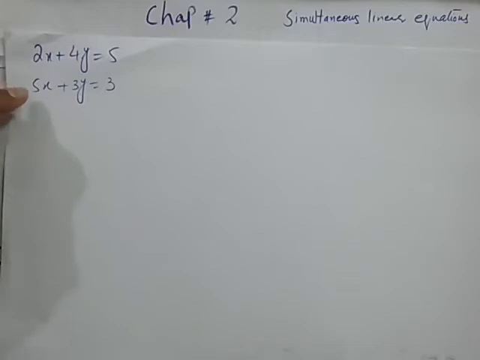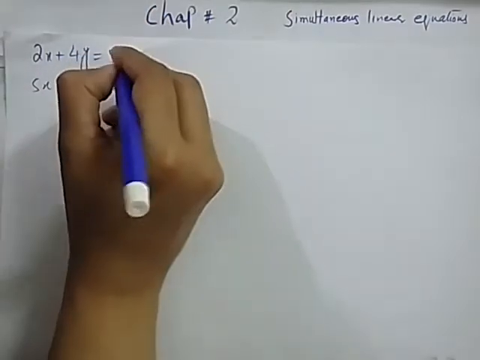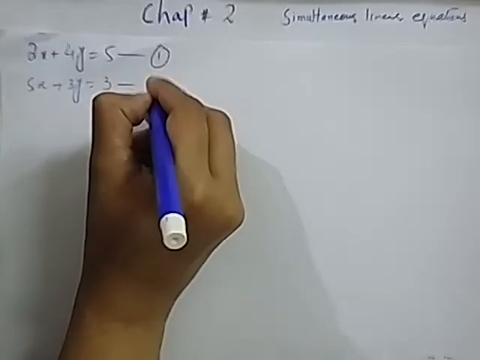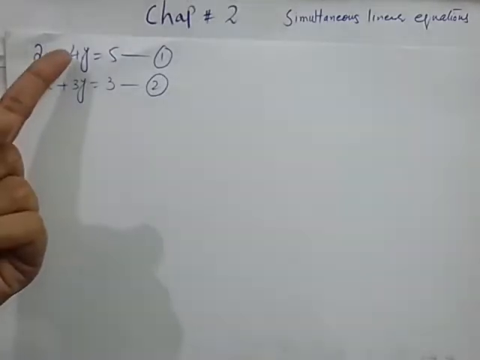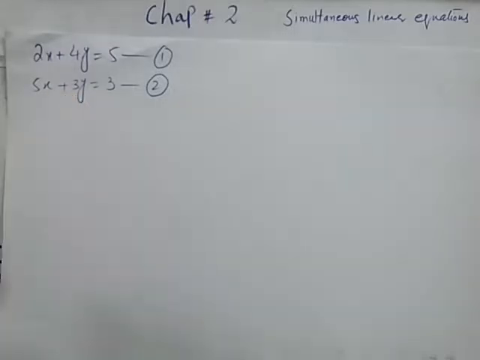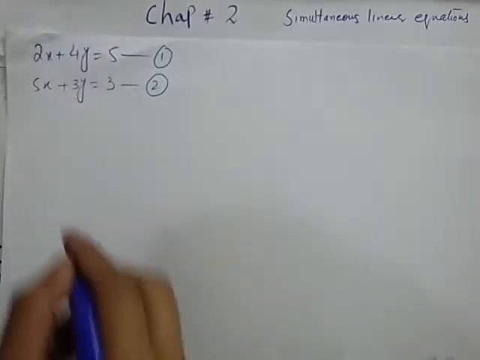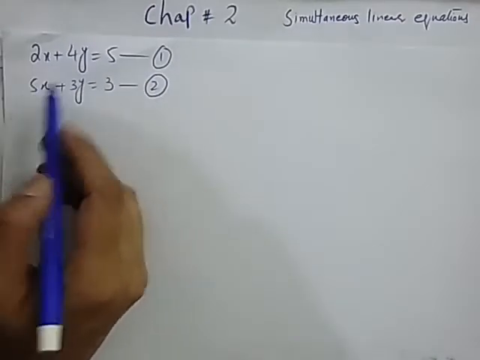If you want to make the coefficient of x the same, you must multiply equation 1 with 5 and equation 2 with 2. But if you want to make the coefficients of y the same, you must multiply equation 1 with 3 and equation 2 with 4. Here I am going to make the coefficients of x the same.